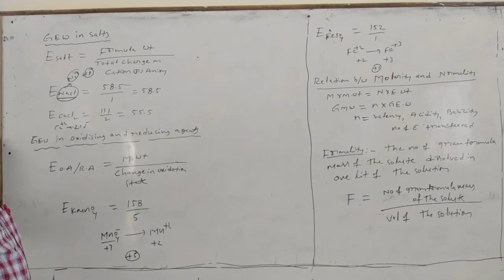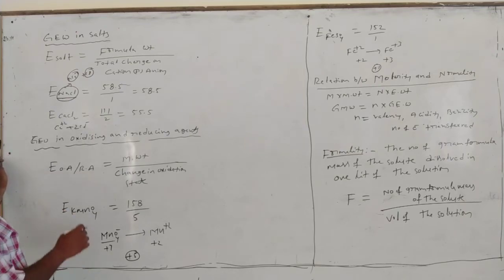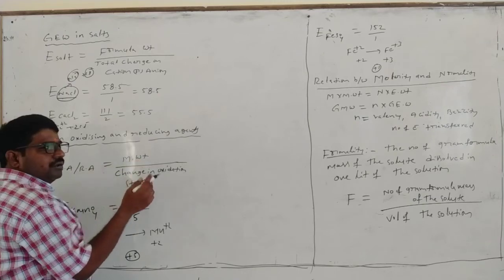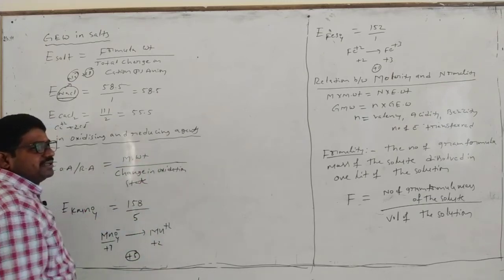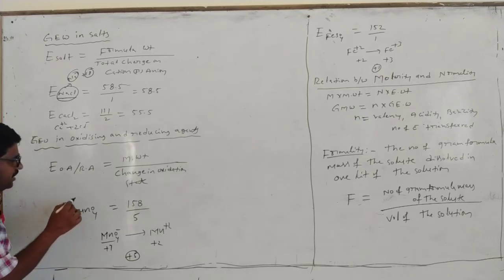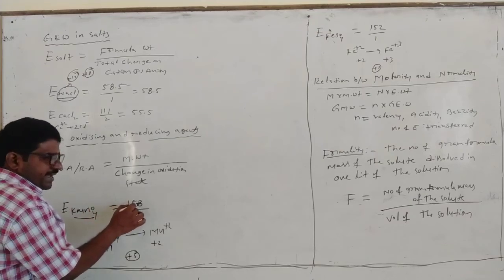Next, gram equivalent weight in oxidizing and reducing agents. These reactions occur based on the transfer of electrons. The weight of the oxidizing or reducing agent is divided by the change in oxidation state. For example, take KMnO4, potassium permanganate. Its weight is 158.